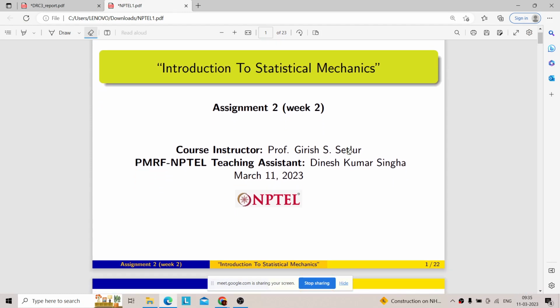Okay, so sir has given you some homework last week, right? Like deriving things. You are familiar with the saddle point method.